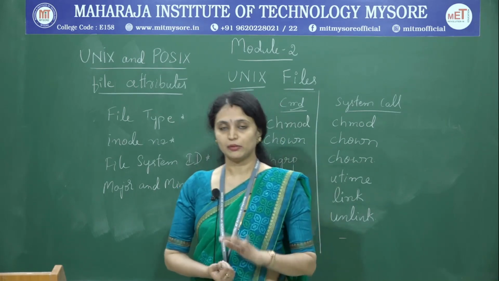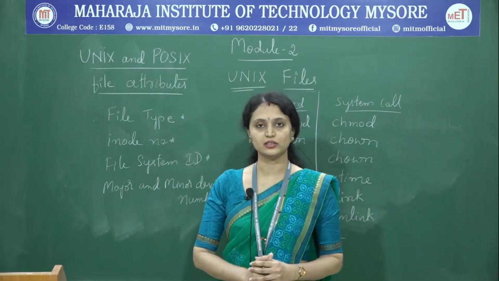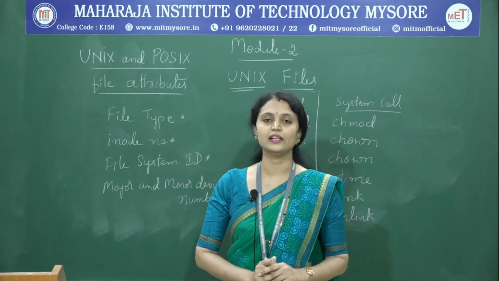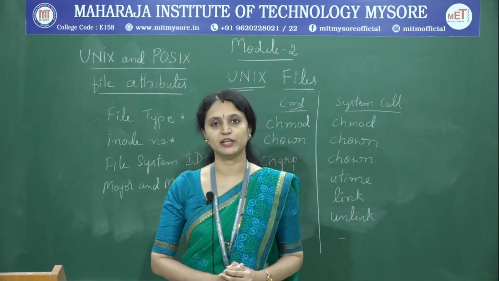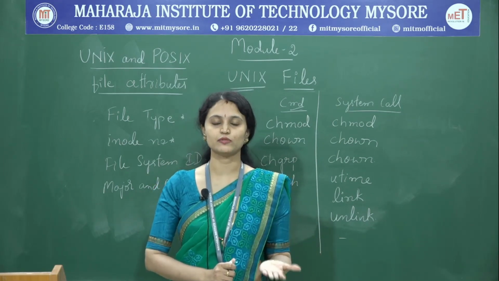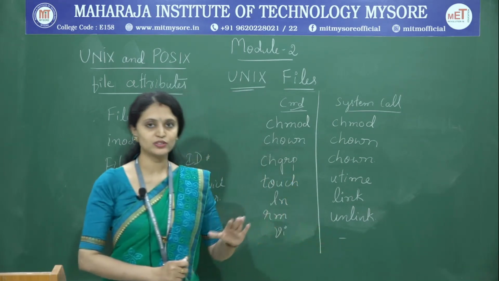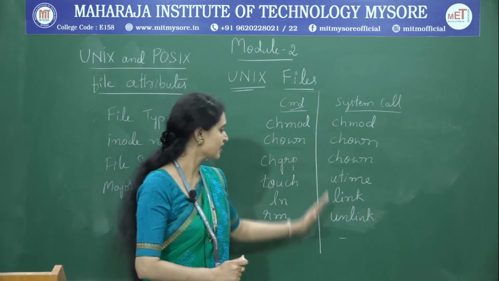Among those attributes, these 4 attributes remain constant throughout the span of the file, whereas the attributes of a file can be changed based on the execution of a few commands or based on the execution of some system calls. So those commands are these commands, and these are the corresponding system calls.